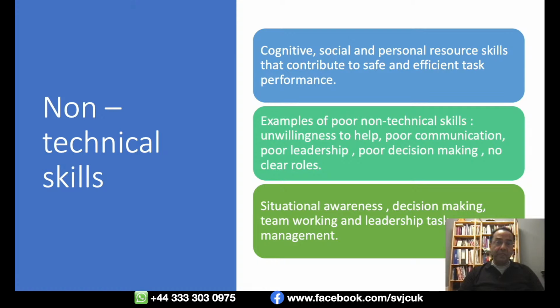Third is poor leadership skills. Fourth is poor decision making, and no clear roles allocated to staff when they are dealing with an emergency. So what are the non-technical skills which I've already mentioned earlier? Communication skills, situational awareness, team working, decision making, and delegation.